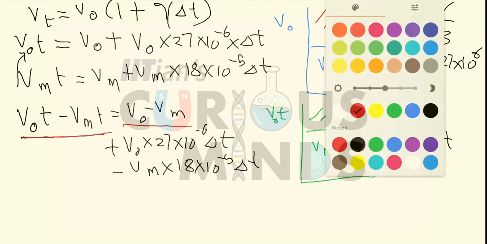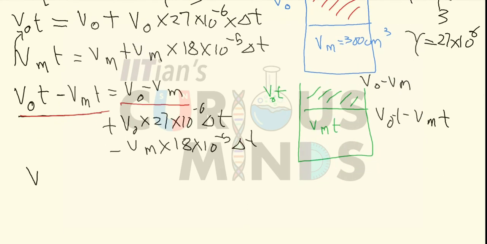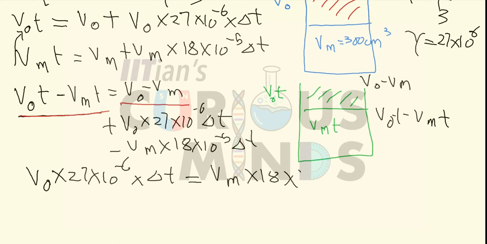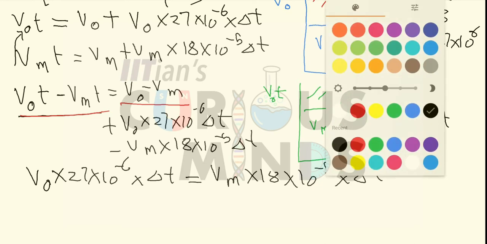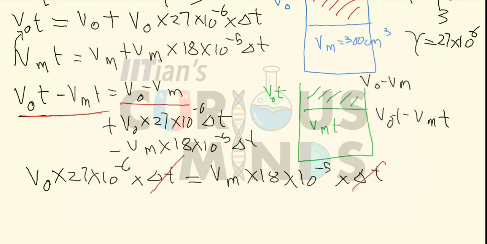So basically I can say that V0 into 27 into 10 raised to minus 6 into delta T will be equal to Vm into 18 into 10 raised to minus 5 into delta T. So delta T and delta T will get cancelled out.